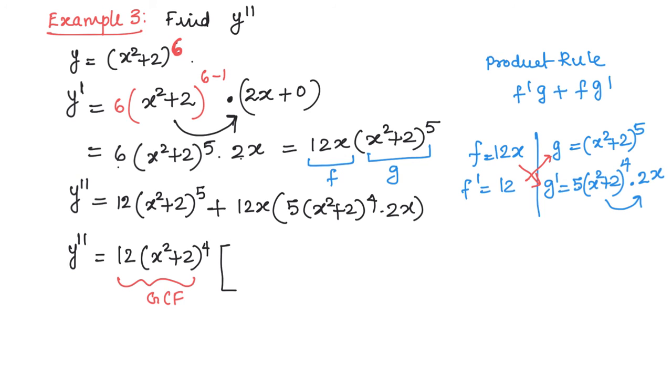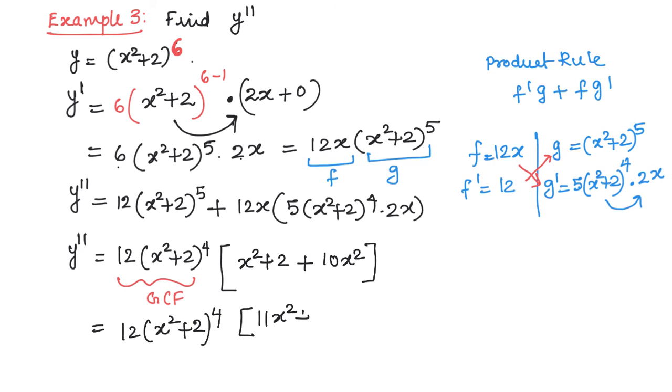Here 12 will cancel and you will have x times x square, 5 times 2, 10. So 10x square, and this term will cancel, right? Now add or subtract the like terms. So this is 11x square plus 2.